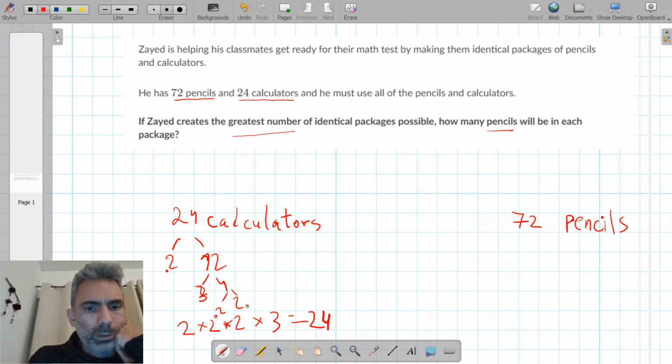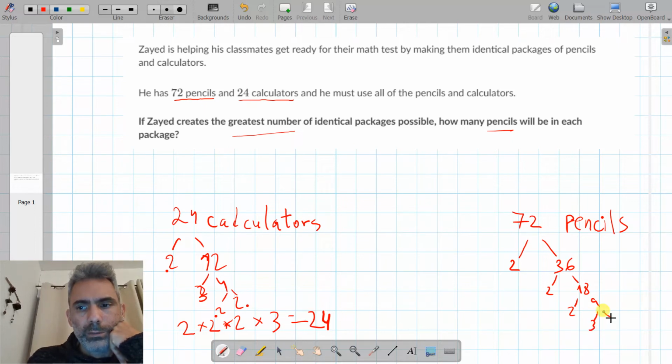1, 2, 3. Yes, and 72 is 2 times 36. 36 is 2 times 18. 18 is 2 times 9. 9 is 3 times 3.